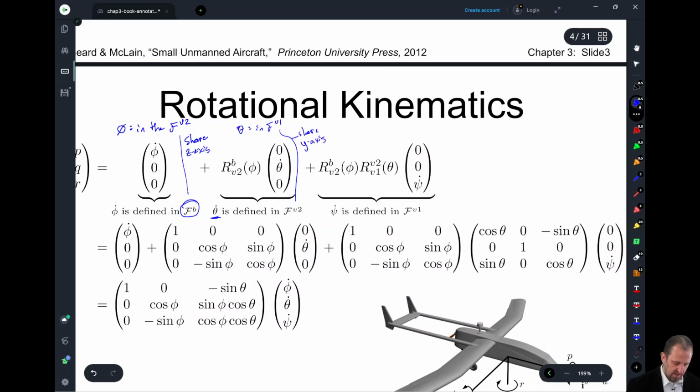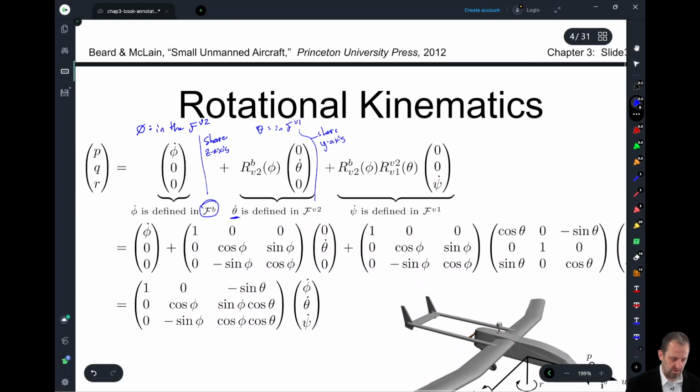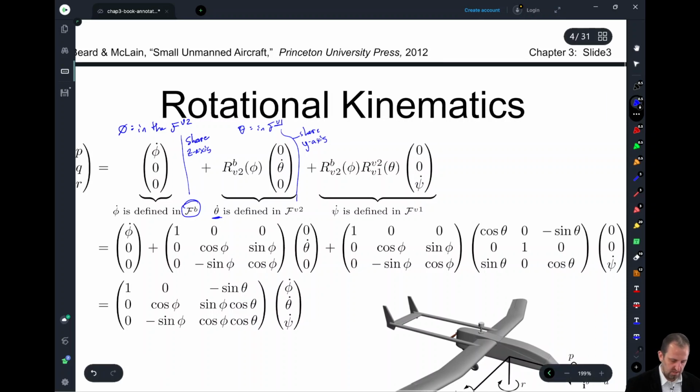So all we have to do to get from the time derivative of theta to the body frame, which is where we're going to relate it to P, Q, and R, is rotate from the vehicle 2 frame to the body frame. So even though theta is defined in vehicle 1, its time derivative is going to be defined equivalently in either the vehicle 1 or vehicle 2 frame. So we have to have this rotation matrix, which is a function of phi.